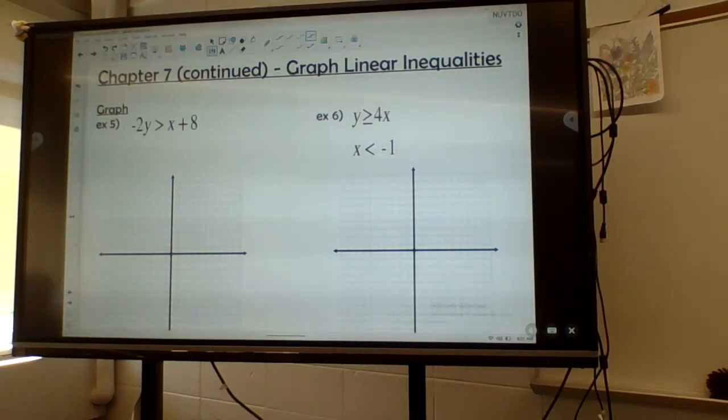All right, so our next one is graphing linear inequalities. There's quite a few things we want to be careful about here. We want to make sure we're able to graph and shade. So remember, this is where we have a dotted versus solid line.